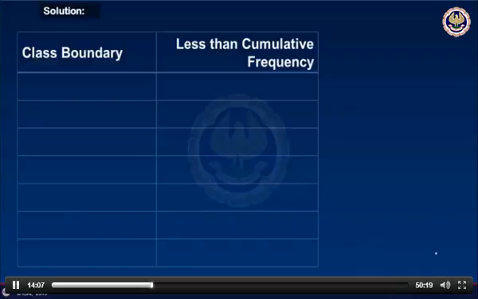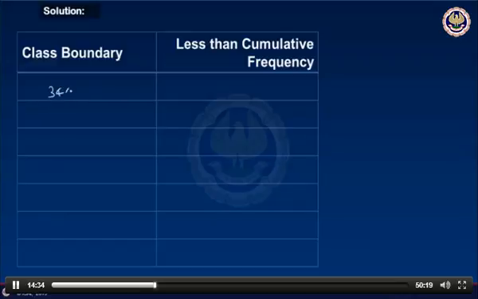Now, the class boundaries. In the earlier example, if you look at the table in the previous slide, it is the case of inclusive class intervals, so 0.5 is subtracted from the lower boundary and 0.5 is added to the upper boundary.